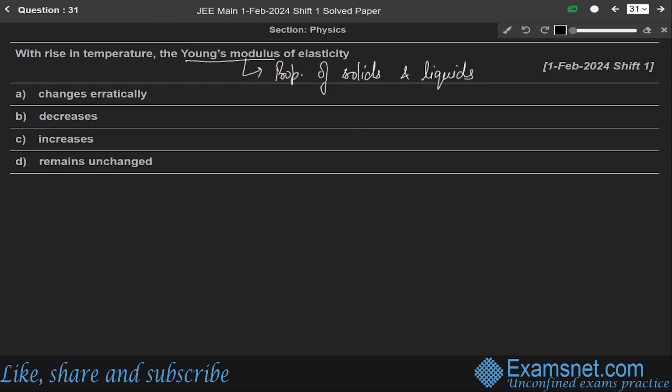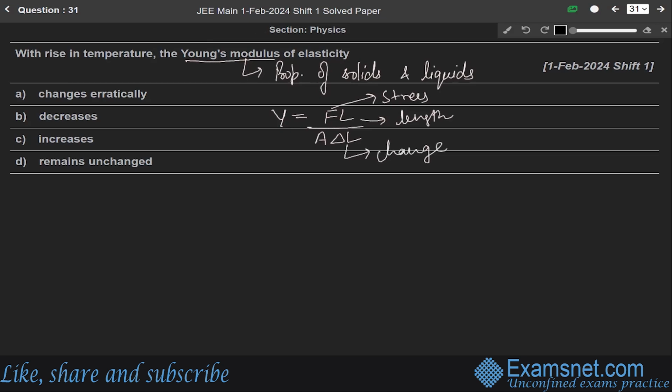Young's modulus of elasticity is the measure of the elasticity of the material, and Young's modulus is given as Y equals F L over A delta L, where F is the stress, L is the original length of the wire, A is the area of cross section, and delta L is the change in the length of the wire due to applied stress.